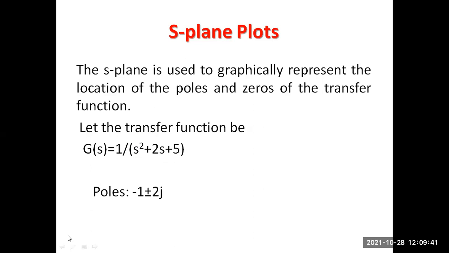Whether you are getting this value or not, please check. Are you getting this value?